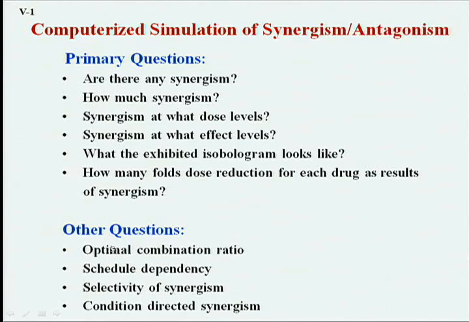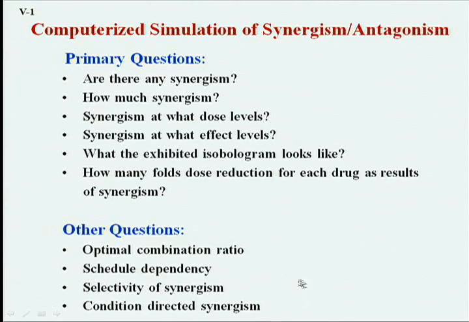You can answer the optimal combination ratio. Is 1:1 or 3:1 or 1:3 the best synergy? Schedule dependency: is every drug given simultaneously or one after another? Selectivity of synergism: when you get synergy against the tumor, for example, do you get synergism against the host?